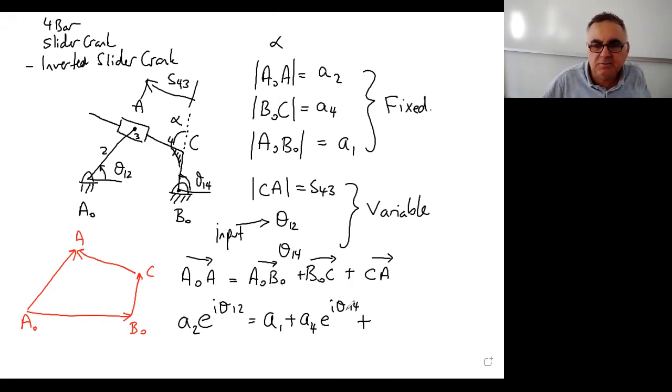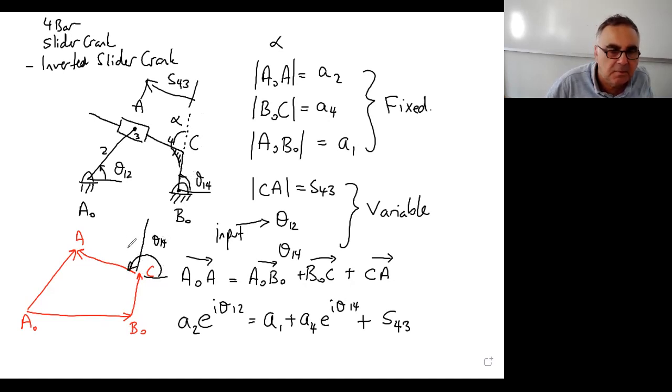CA has a link length of S43 and its angle. What is its angle? Up to here it's theta 1, 4. And here it is alpha, so it is e to the i (theta 1, 4 plus alpha).